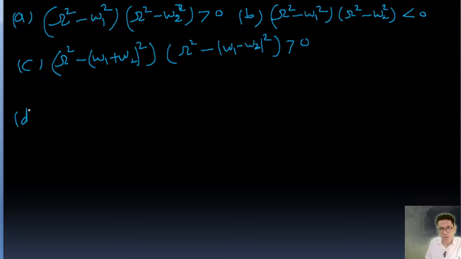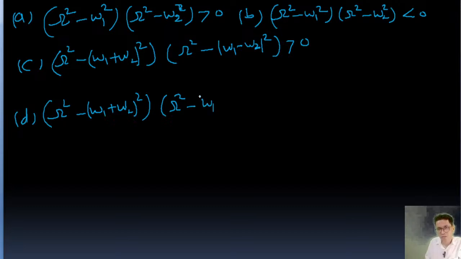And option D is omega square minus omega 1 plus omega 2, whole square, into omega square minus mod square of omega 1 minus omega 2, less than or equal to 0.